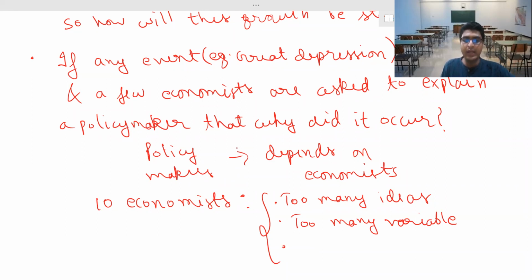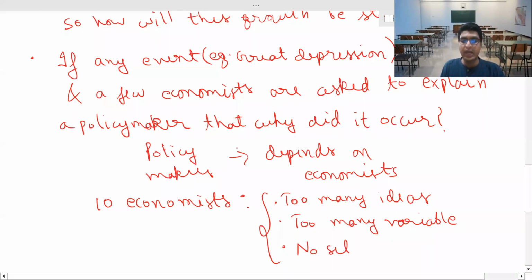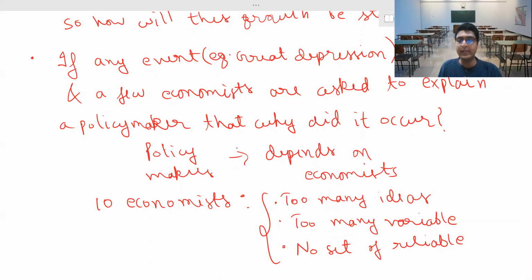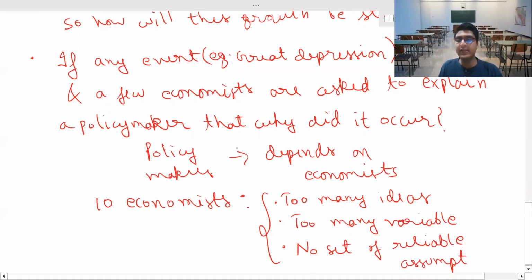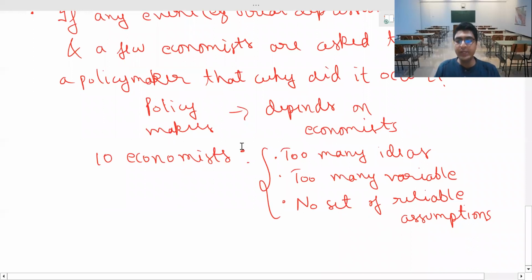Okay, and the main problem is there is no set of reliable assumptions in classical economics. No set of reliable assumptions. By reliable, we mean some practical kind of assumptions that we can accept, that can be the foundation for a model. For any good model, you need it to be as precise as possible.